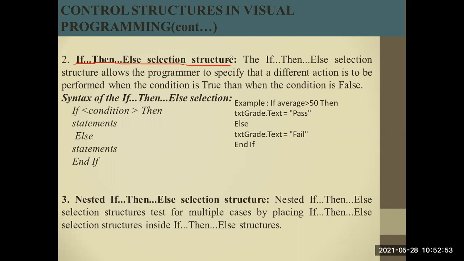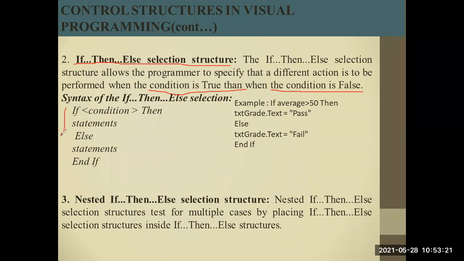As we know from the definition, the if-then-else selection structure allows the programmer to specify the different actions to be performed when the condition is true and when the condition is false.